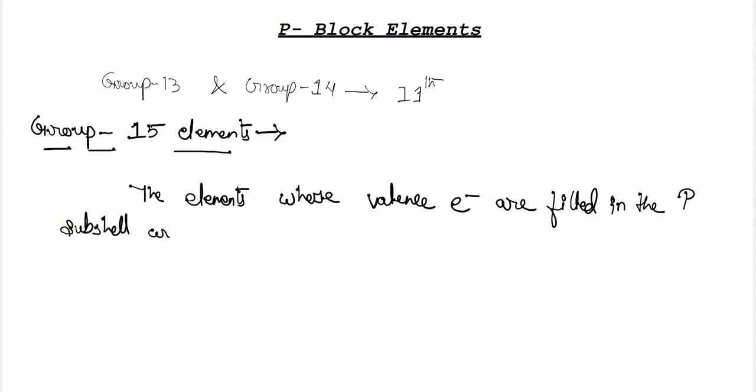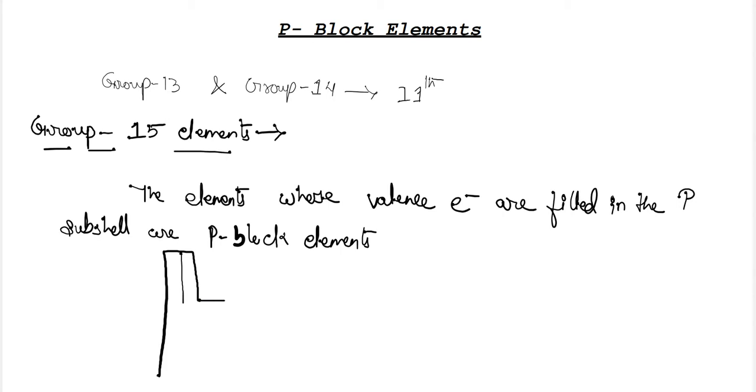Those are the p block elements. If we take the example of your periodic table, it looks something like this. Two groups, first group and second group here, then one incline comes here, and after that one more incline.